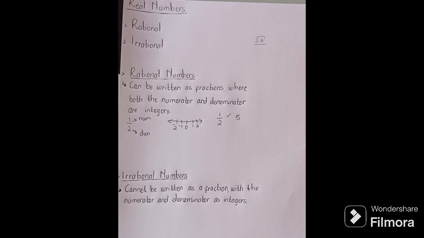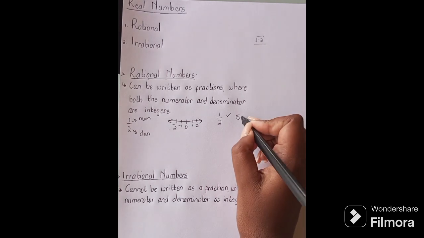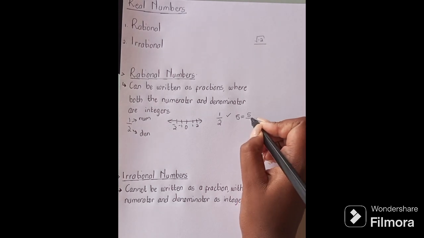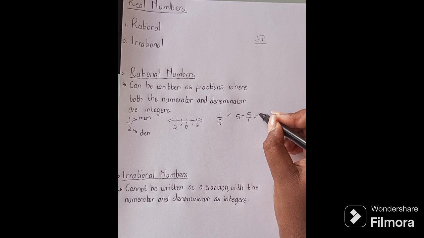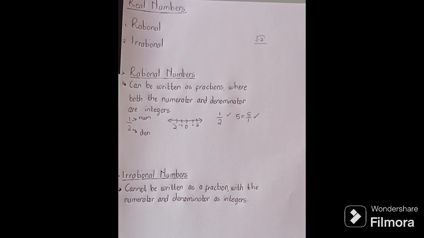What if I say 5 is the same as 5 over 1? 5 over 1 is 5, right? Therefore, I have written 5 as a fraction. So it has passed condition number 1. Condition number 2: are the numerator and denominator integers? Is 5 an integer? Yes. Is 1 an integer? Yes. Therefore, 5 has passed both conditions, so it is a rational number.